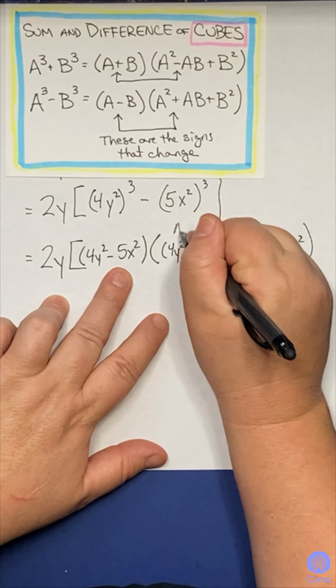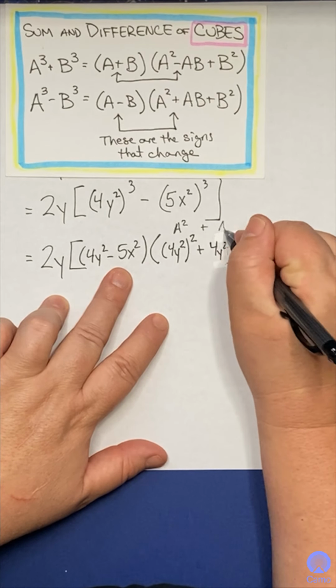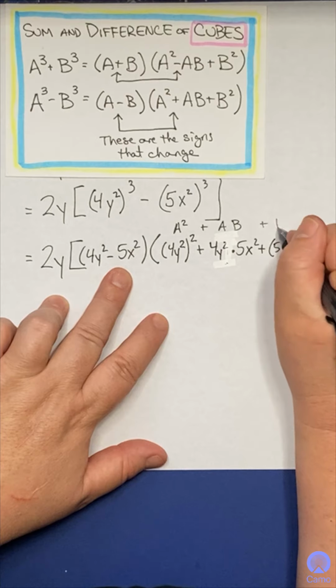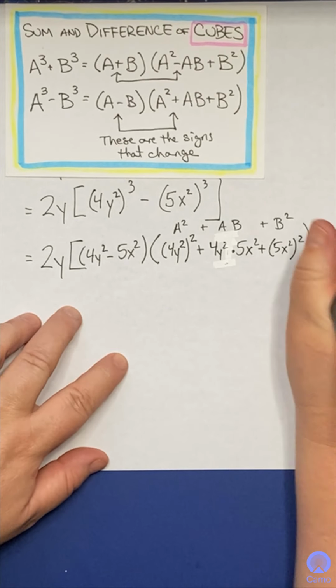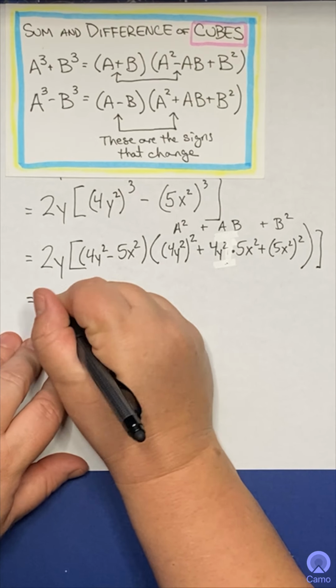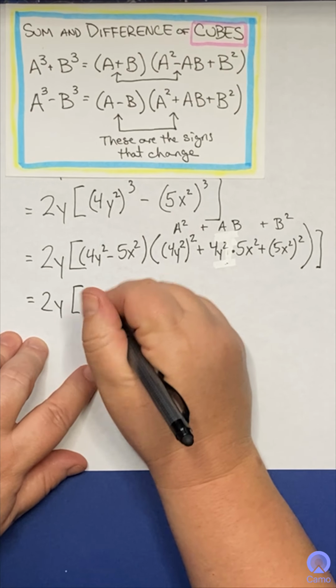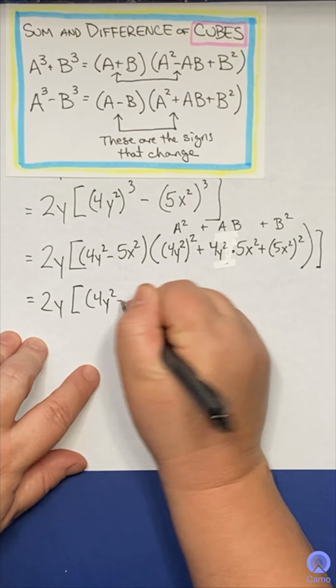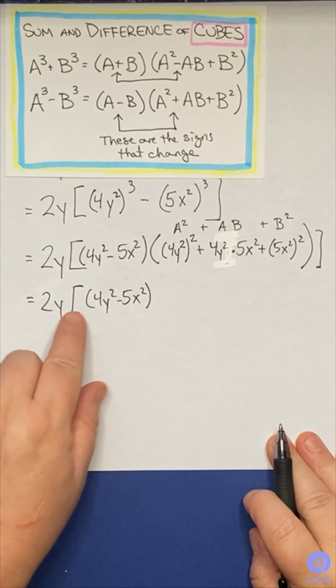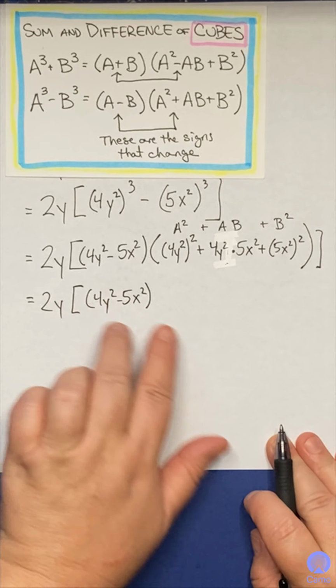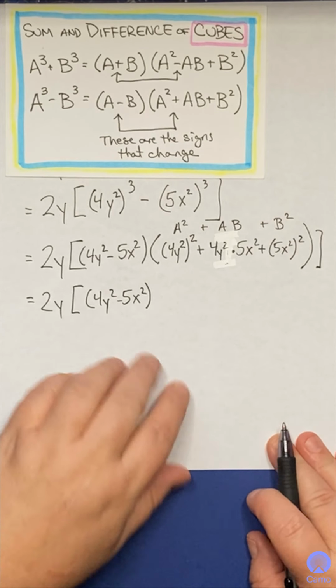That's a squared plus ab plus b squared right there. Okay, and then I can close it. So 2y on the outside, bracket. This is nice and pretty. Nothing I need to clean up. Double check. No common factors, thank goodness.